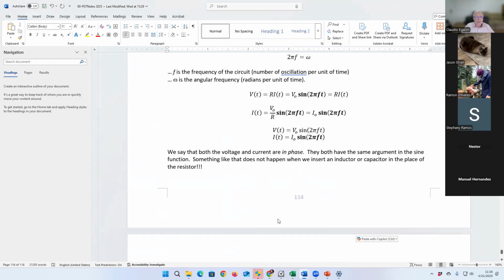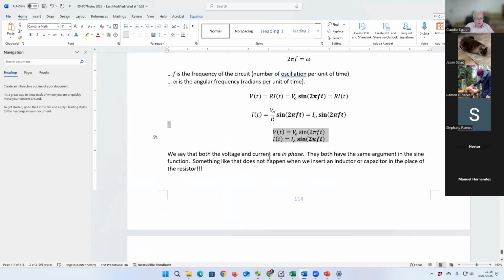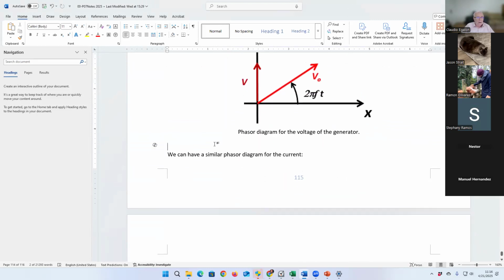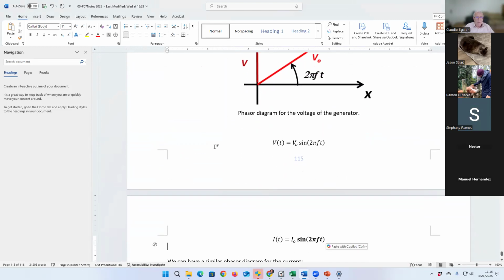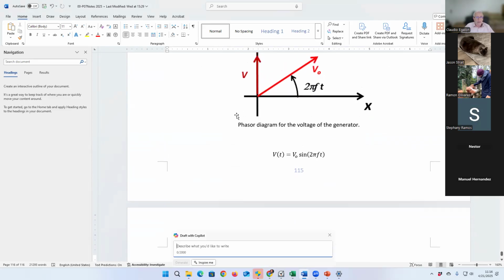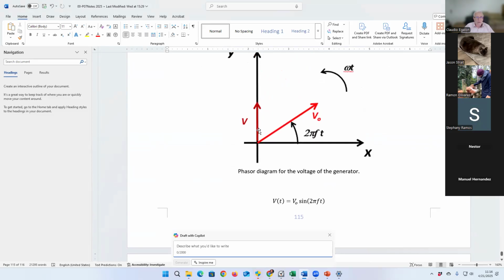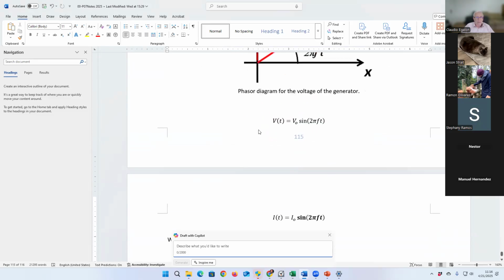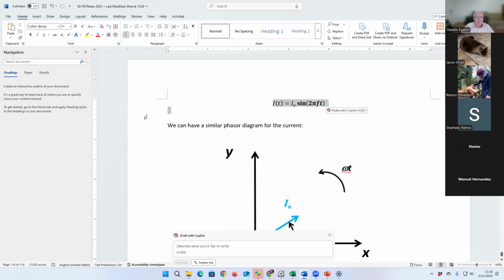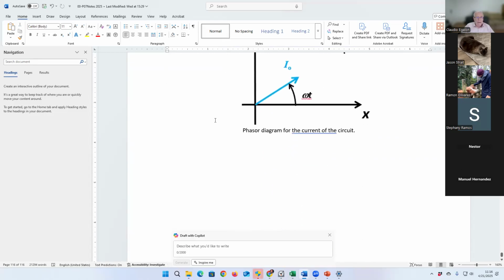Going back, I'm going to put them here. That's the V, right? The V of t is this projection here. And we have the same here for the current as well. We say again that the current is in phase with the voltage, which is not the same that happens for the AC circuit with a capacitor and inductor.